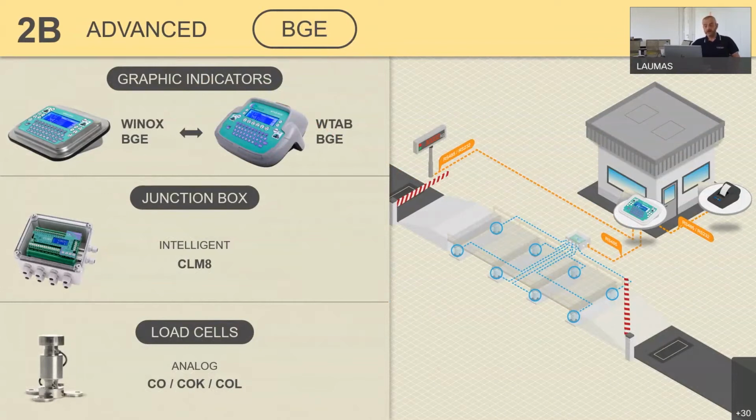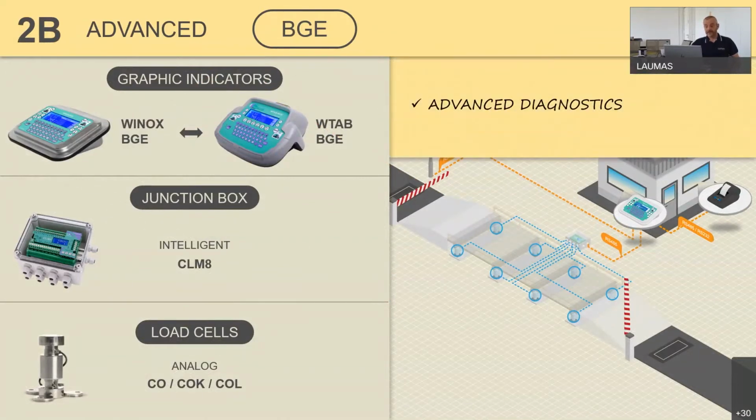Then we have considered to install our smart junction box model CLM8 connected to the BGE weight indicator. The strength of this configuration is the opportunity to have, thanks to the CLM8, advanced diagnostic features that are usually granted by digital load cells only.